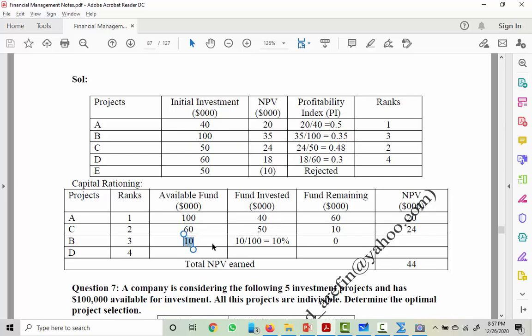So that means we cannot invest fully in project B, because to invest fully in project B, we need $100,000. But we have only $10,000 in hand.